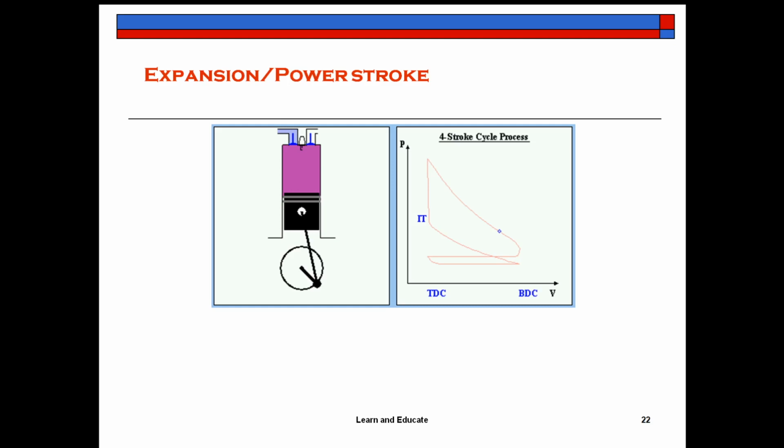So during expansion or power stroke, both the valves remain closed. There is no spark being produced. Piston moves from top dead center to bottom dead center, producing the power output, work output. So this is the expansion or power stroke.